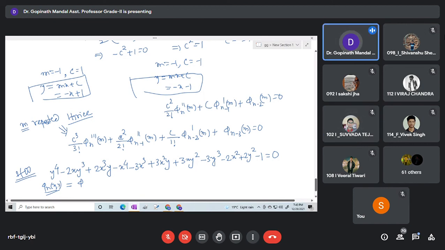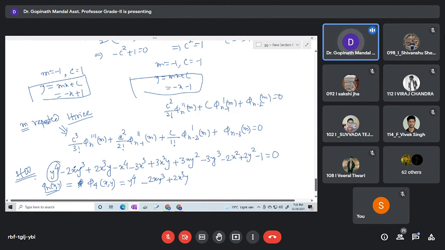In that case, look, in phi n of x comma y, in that case phi 4 of x comma y will be y4 minus, now power of y cube y here, in that power of y equal to 3 and power of x equal to 1, so 3 plus 1 equal to 4, so in that case it includes here.